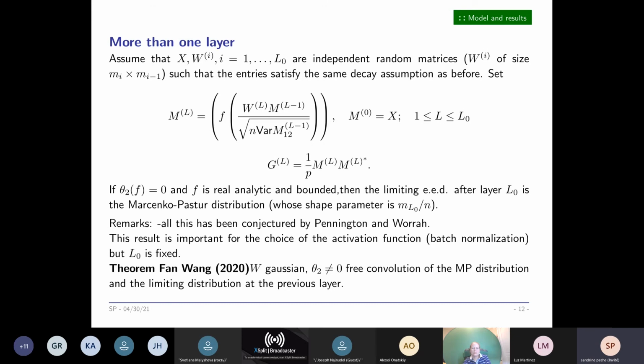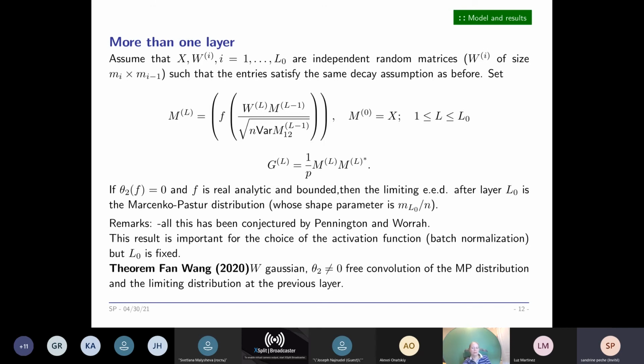But this is consistent. This always coincides with the aspect ratio of the final matrix we consider. And this has been extended in a recent paper by Fan and Wang, who considers a case where W is Gaussian, but where theta 2 is not 0.